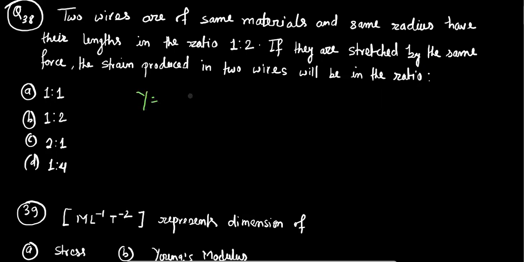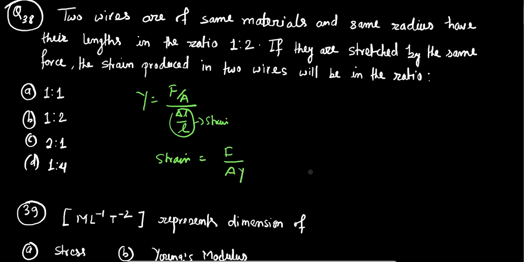As Y is equal to F by A, that means force per unit area, over change in length per unit original length, and this is what strain, so I'm going to write it as strain, and from here we can get one particular expression here, strain equals F by A Y.